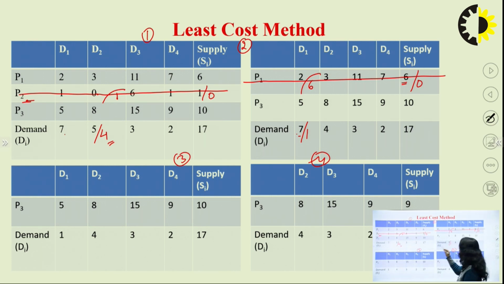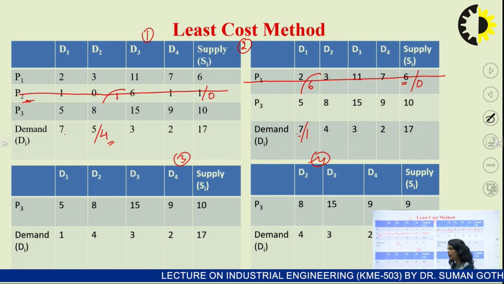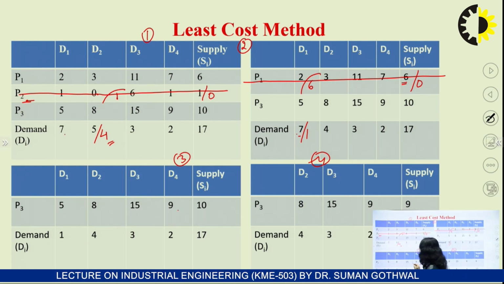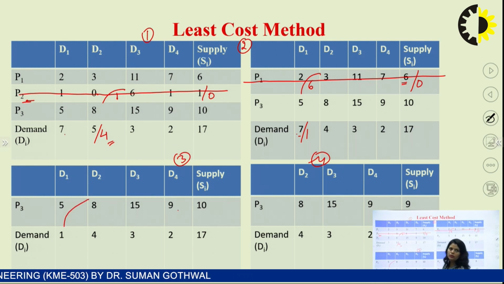Okay. So, I have again drawn this particular matrix and you can see here I have considered only the P3 plant, okay, this plant. So, now we will see what is the least cost in this particular matrix. So, we can see here the least cost is this one. So, our next allocation will be against this cell.